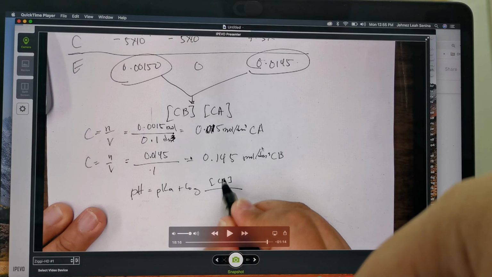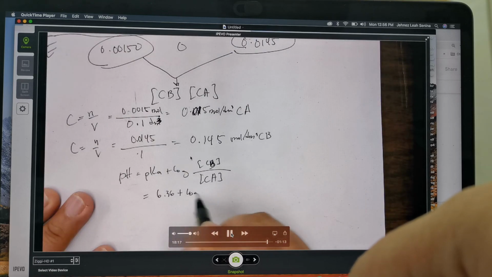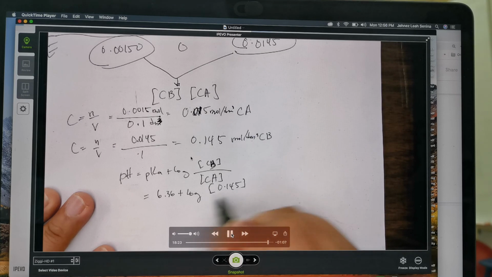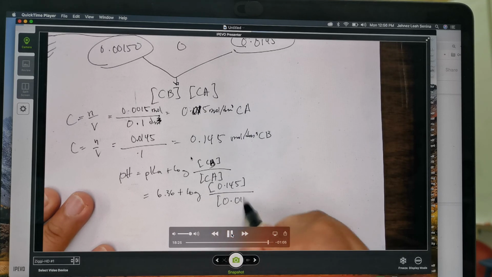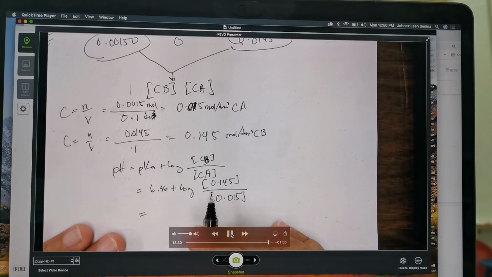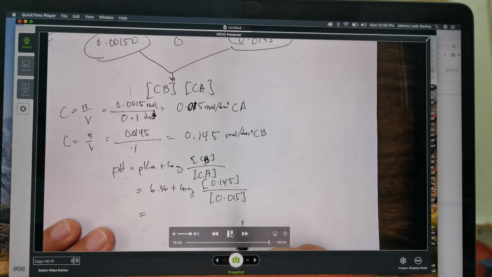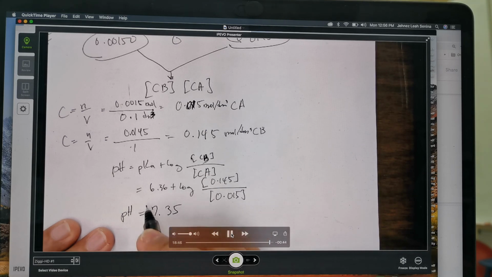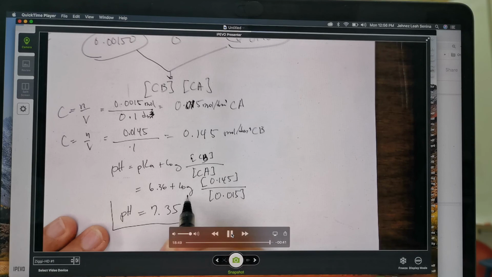Once you have the concentrations, then you can put the numbers into your equation. Log of 0.145 divided by 0.015. You plug that in your calculator. It should give you a pH of 7.35.